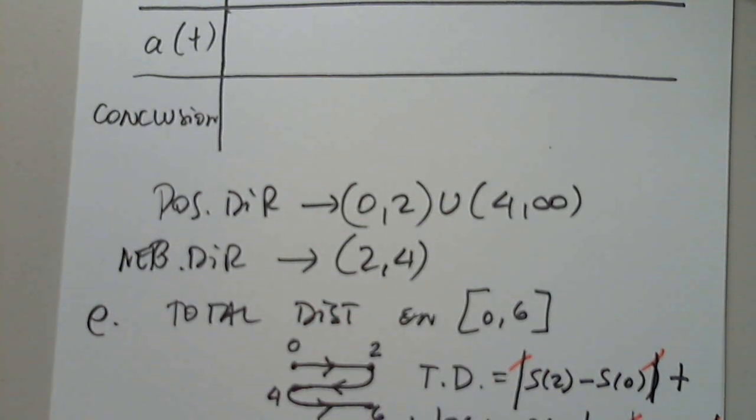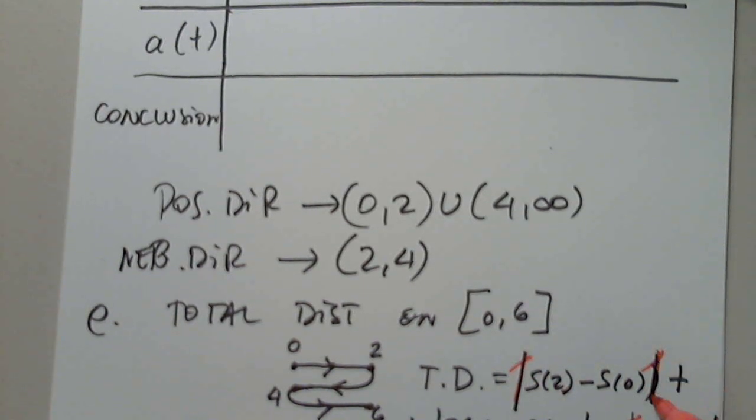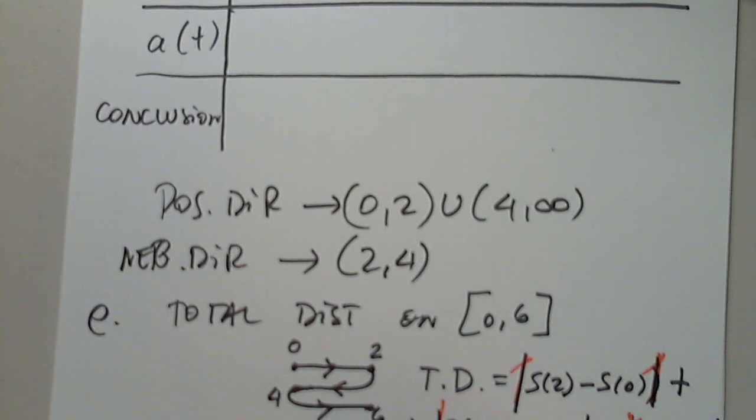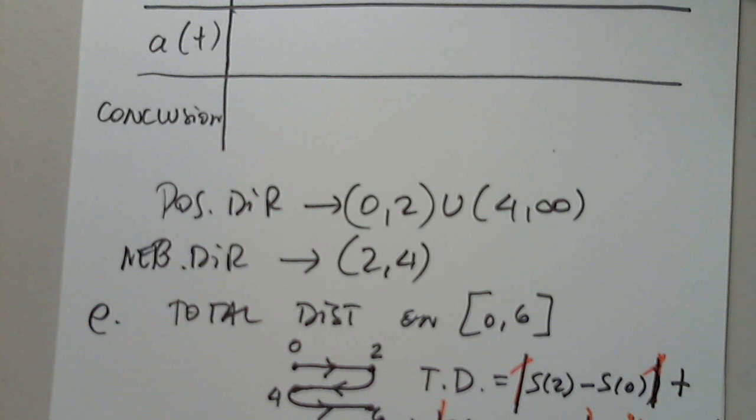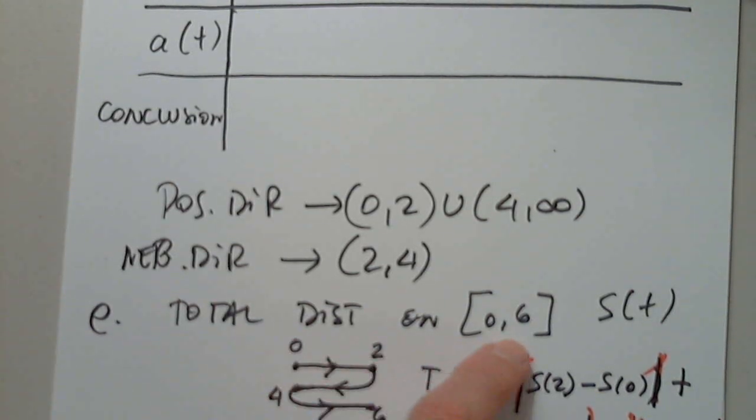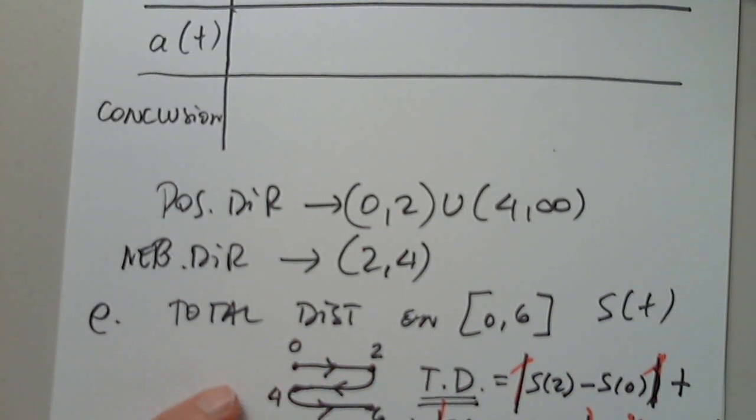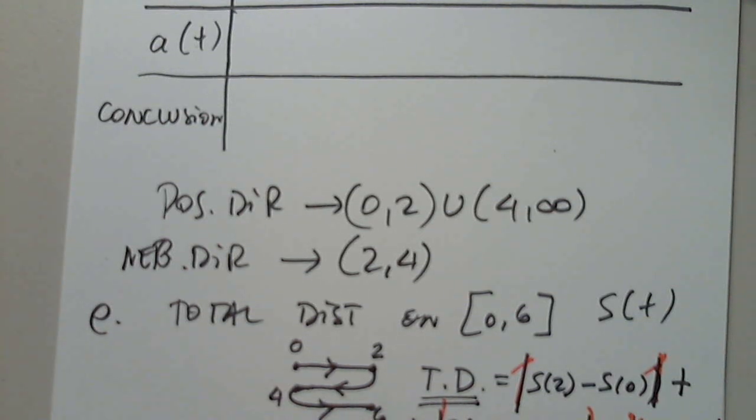True, but we have to write it as is. All I need to do next is in S of t, plugging all these numbers, 0, 2, 4, and 6, and calculate these absolute values. And that will be the total distance covered by the particle. Going this way 2 seconds, coming back 2 seconds, going forward 2 seconds.